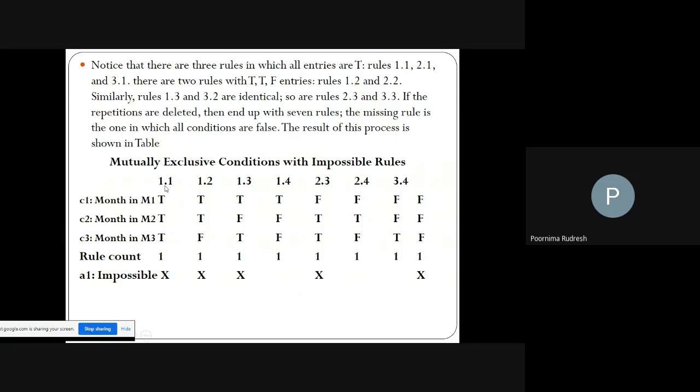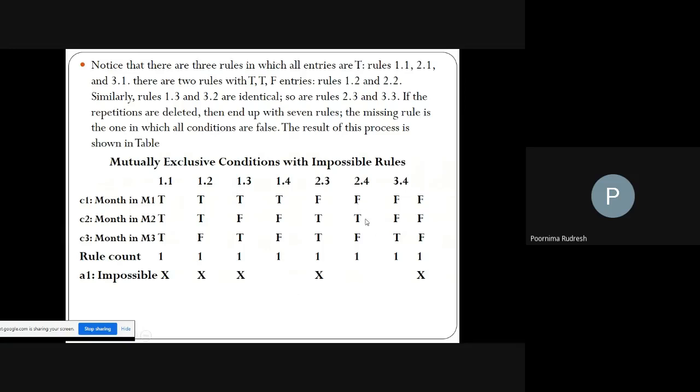See here, we have 1.1, 1.2, 1.3, 1.4. After that, 2.1 is not there, 2.2 is not there, but 2.3 is there because that is not matched with any of these four rules. Next, we have 2.4 and it is not matched with any of the entries. That's why we are considering that rule.